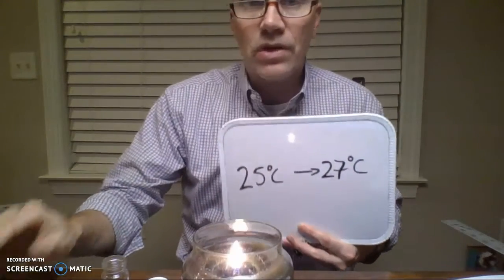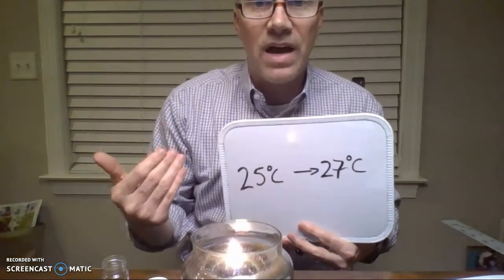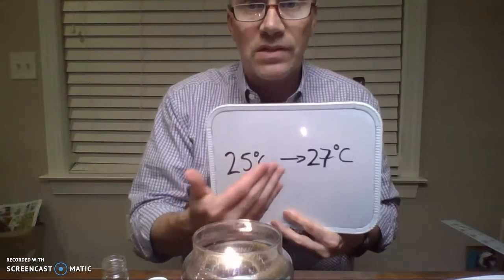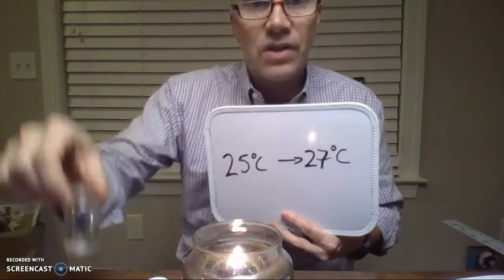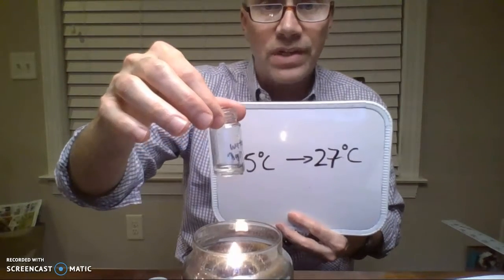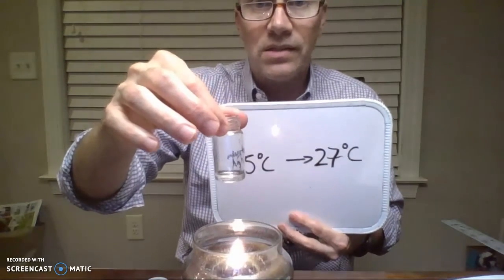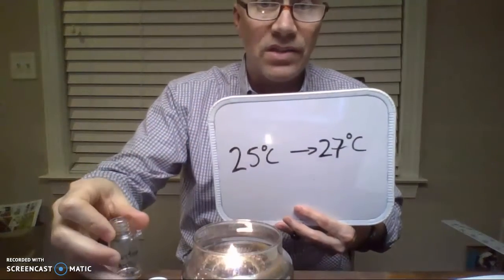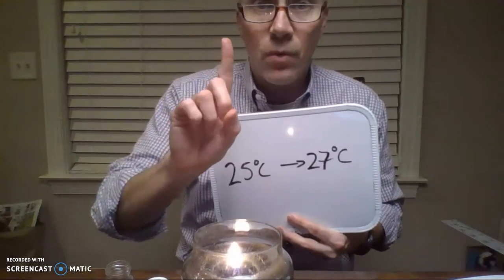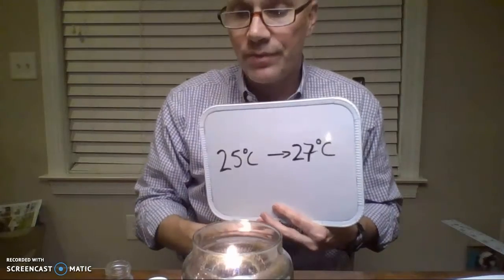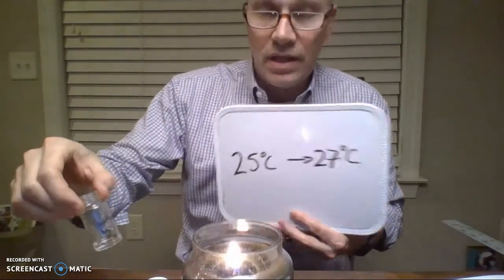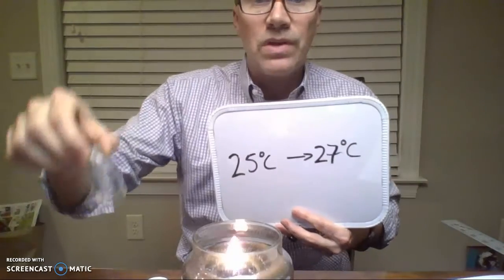If it took a certain amount of heat to go from 25 to 26, it would take that same amount of heat to go from 26 to 27. The way that we could rationalize that is we just need to hold it over top of the flame for twice as long, so that we would get twice as much heat as we did for a 1 degree temperature change.